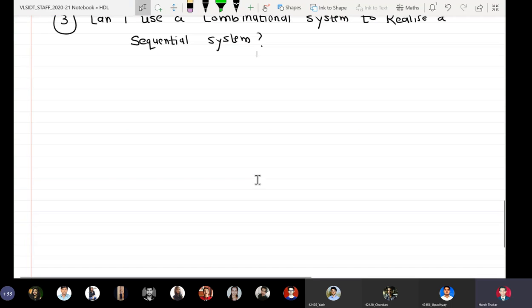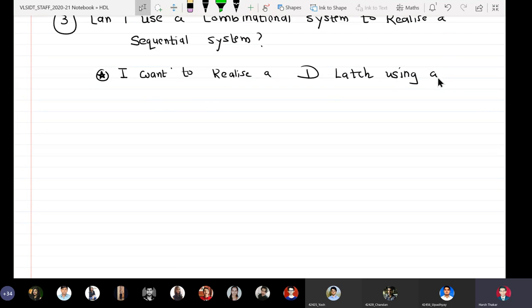The answer we will get after some time. So now I want to realize a D latch using a suitable combinational system.